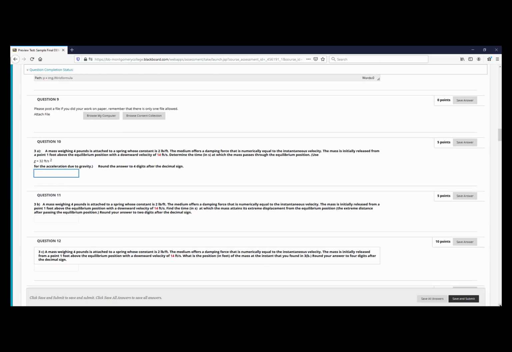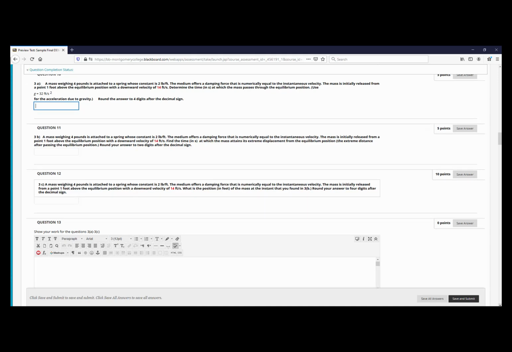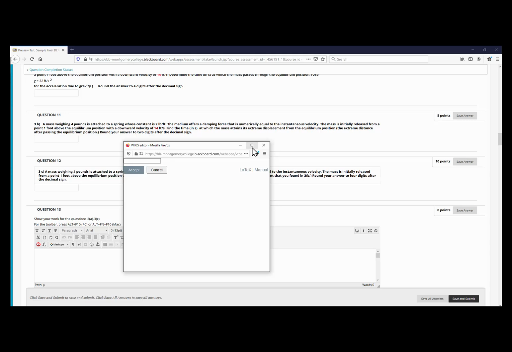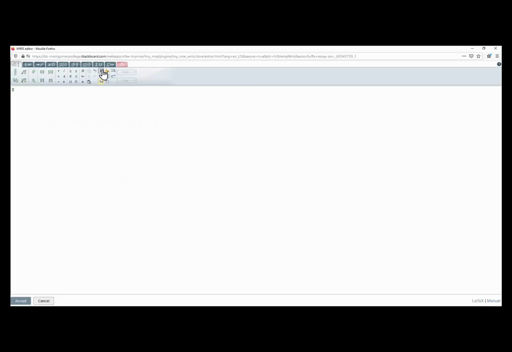What we would do again is go ahead and use the equations editor. So here we go. It is 4 pounds, so the mass is 4 over 32, where 32 is the acceleration due to gravity, in the foot-pound-second system, and y is the displacement at time t.